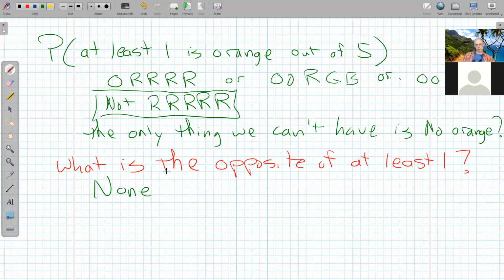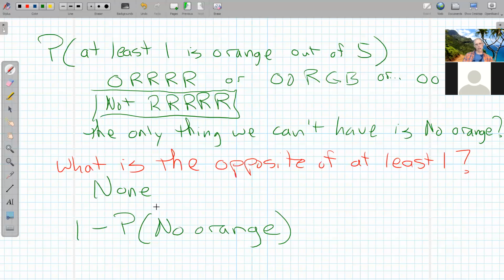So if this is really the opposite, having a none, then the probability of at least one orange should be 1 minus the probability of no orange, which is what I tried to accidentally do before. So the probability of not having an orange, remember that is, let's see, 77%. Kind of like what I did before.